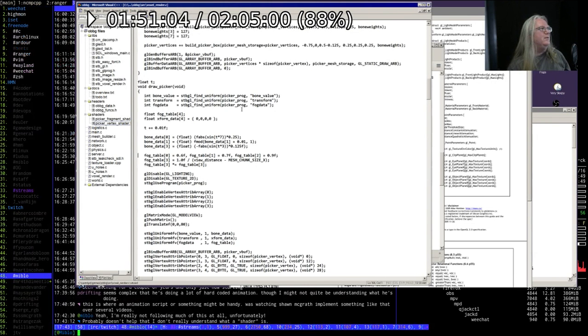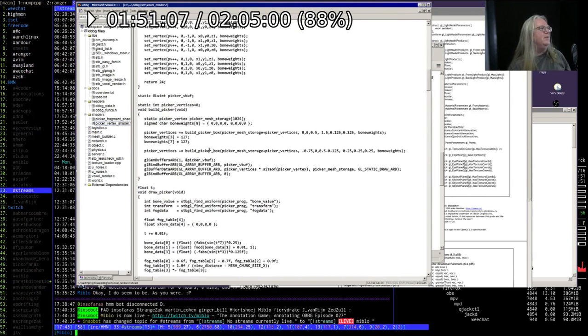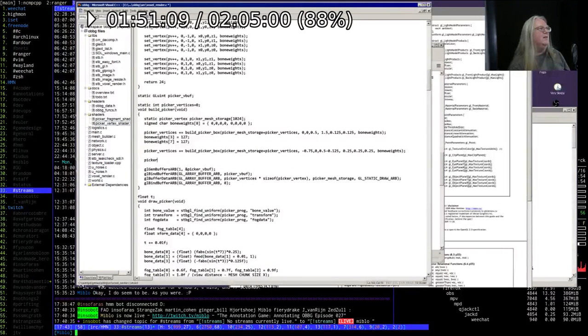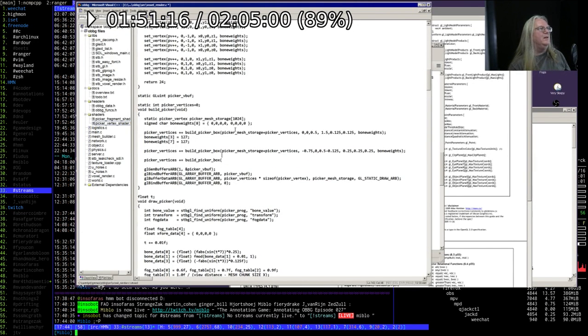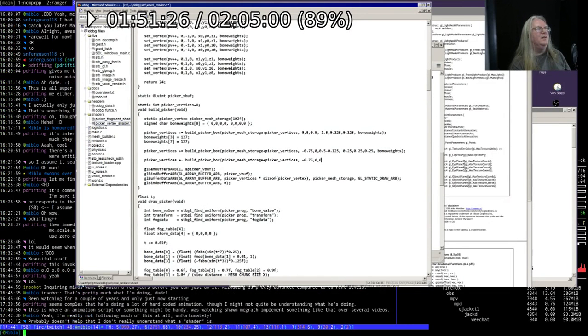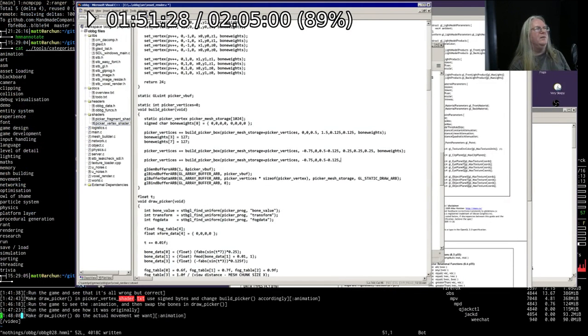So we want grippers. So we build some grippers here. And let's start them directly under this. That's the top edge. So it's not quite ideal, but it'll work for now.